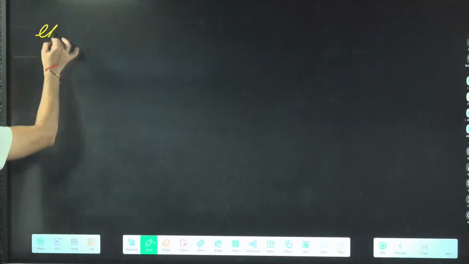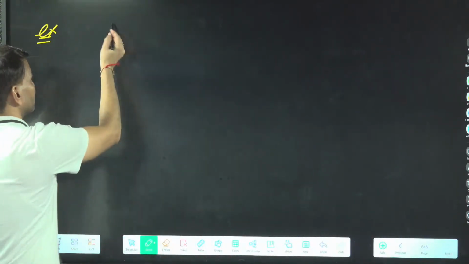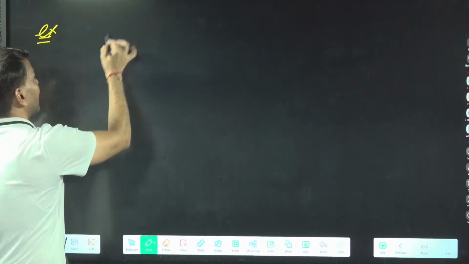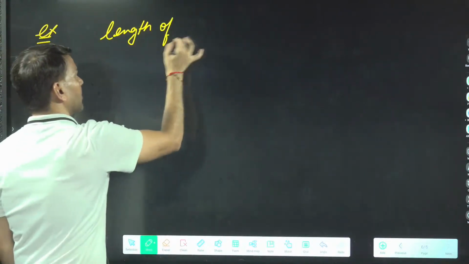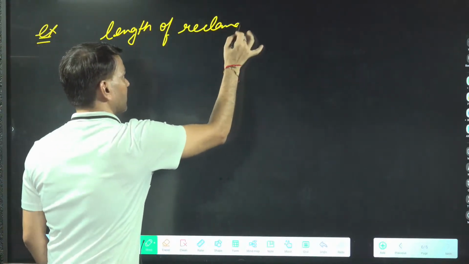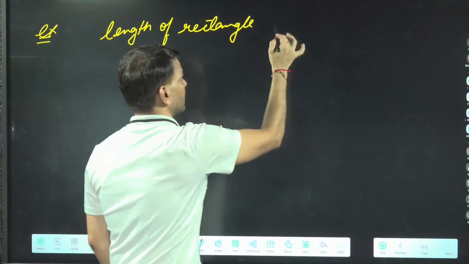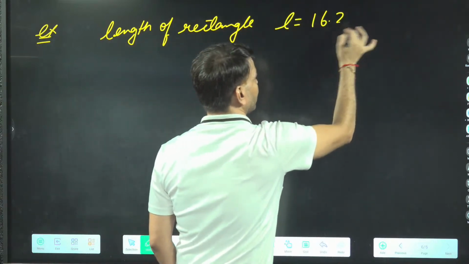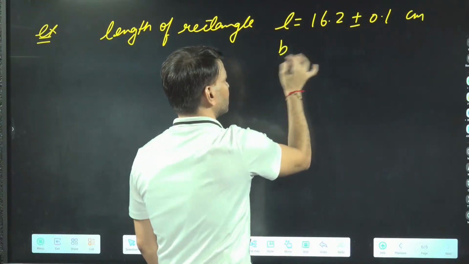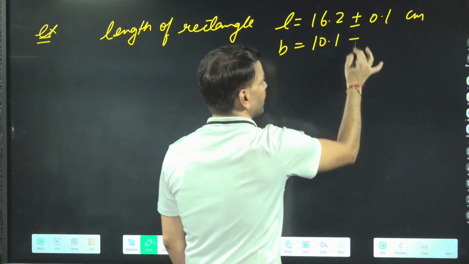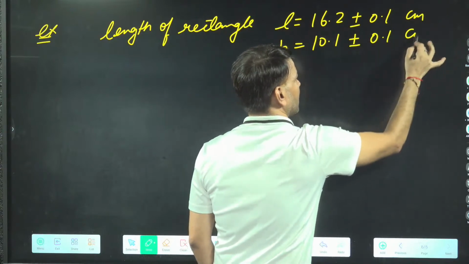Now next, that is also an example from NCERT. Length of the rectangle L is equal to 16.2 plus minus 0.1 centimeter and the breadth is equal to 10.1 plus minus 0.1 centimeter.